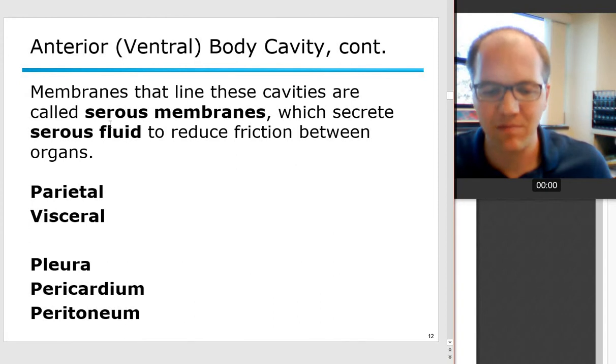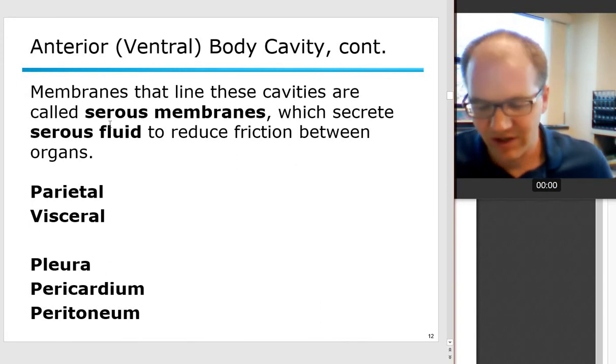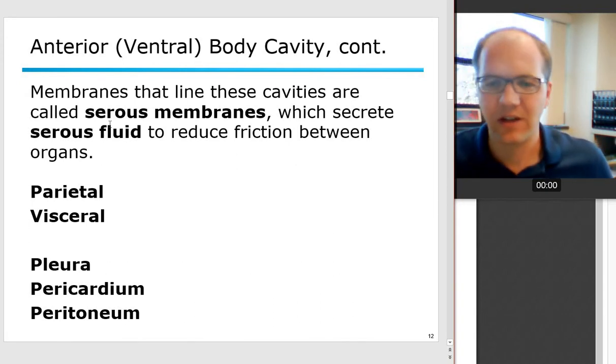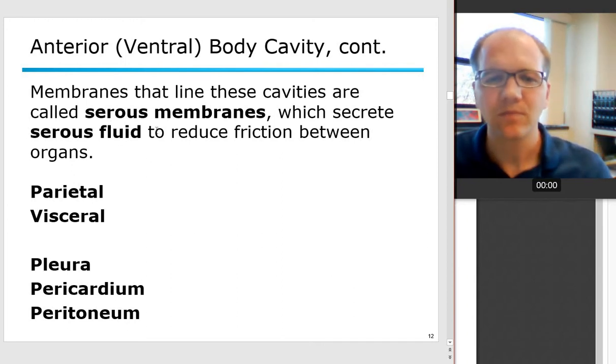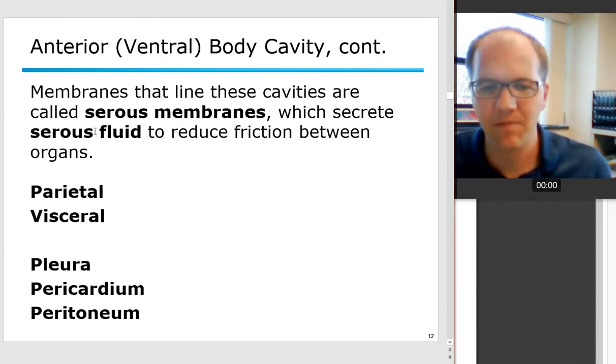It would be bumping into our lungs, and then our digestive organs, as they are digesting the food that we're eating, they're kind of moving around, and they'd be moving and scraping against each other if we didn't have these serous membranes. So what these serous membranes do is they surround the organs, and the serous fluid in between them reduces friction. So around all of our organs, we have two serous membranes.